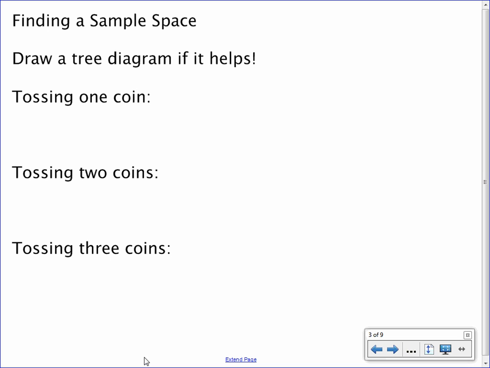So tossing one coin. What are your possibilities? You could get a head, you could get a tail. Not going to land on its side. Have you ever had a coin land on its side? What about tossing 2 coins?